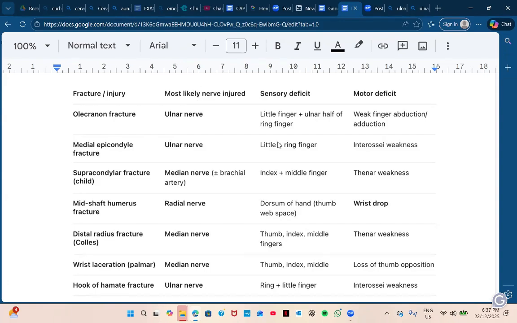What type of hand can we see when there's ulnar nerve damage? What do we call it? Yeah, it's claw hand, right? I'll show.